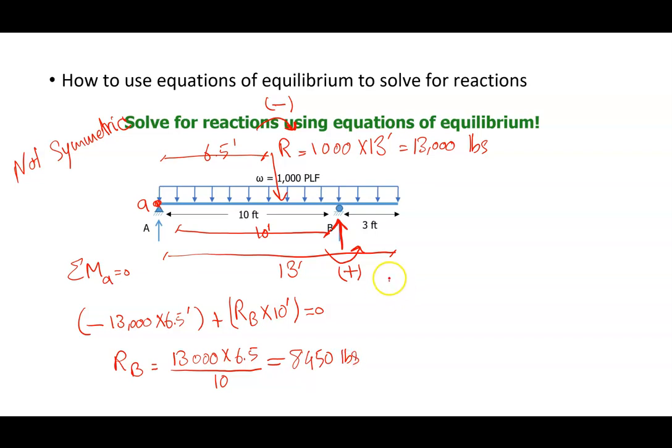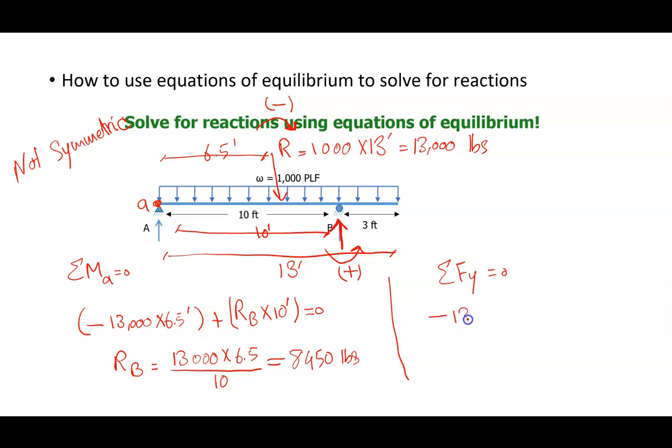And then when we have reaction at point B, now we can solve for reaction at point A. So we have the downward load here, the resultant pushing the beam downward.